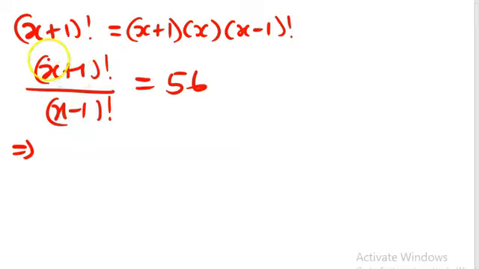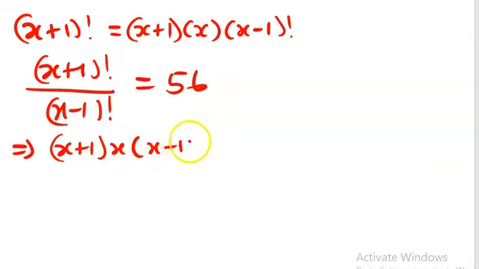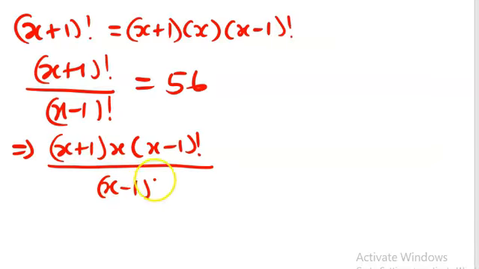This implies that in place of (x + 1)!, we put (x + 1) times x times (x - 1)! over (x - 1)!, which is equal to 56. So we can cancel this and that.